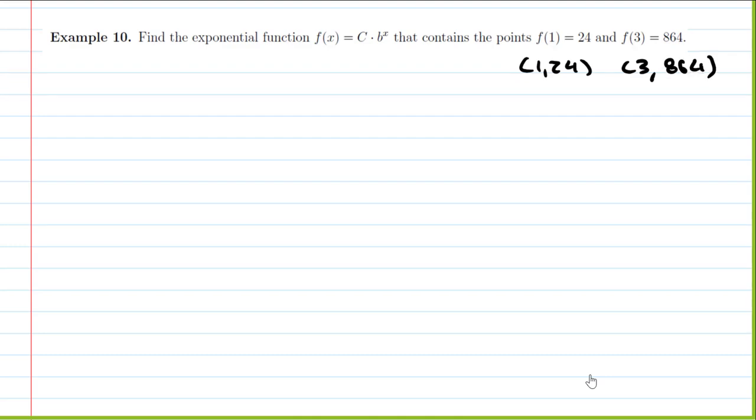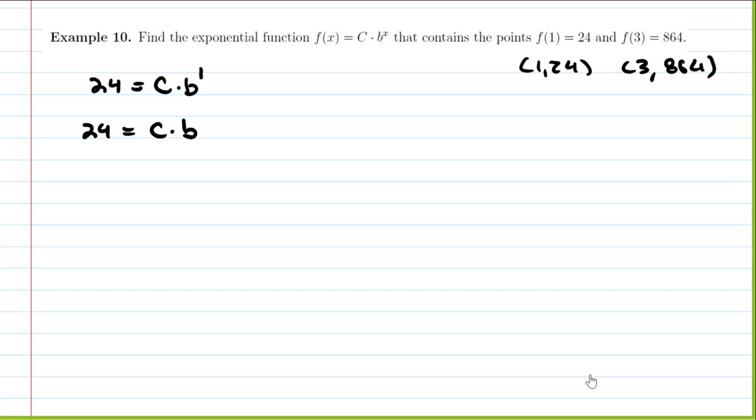If we plug these into our function, the first one says if I input 1, I should get out 24. So that gives me the equation 24 equals c times b raised to the first power, or in other words, 24 equals c times b.